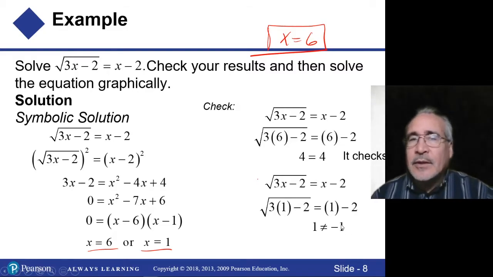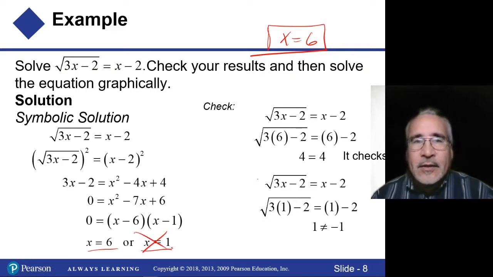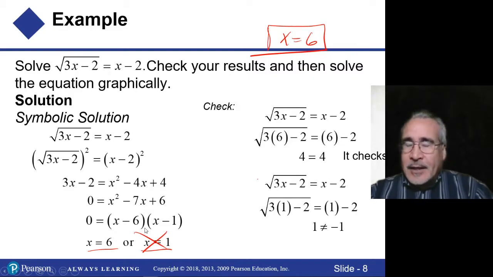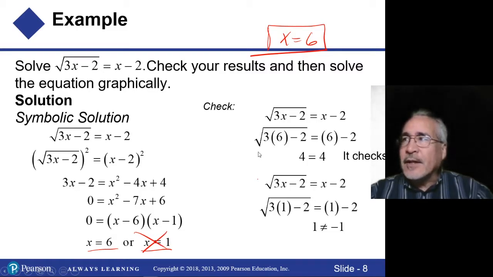Those are not equal. 1 does not equal negative 1. That's why 1 doesn't work. x equals 1 is a bogus answer. So using the by-hand method, we had to do a lot more work. We had to remember our factoring, and it gave us an answer that wasn't true. Graphically we got our x equals 6. We're on to the next step.